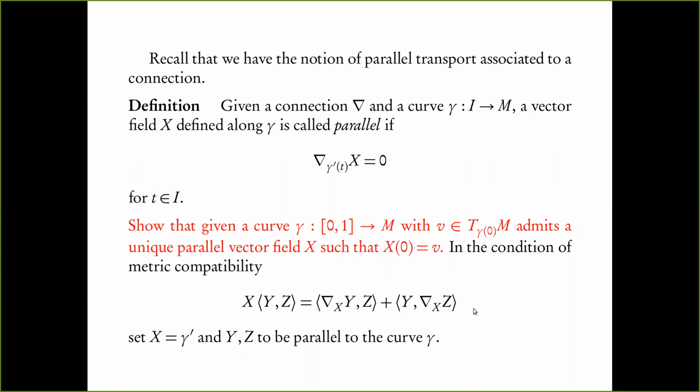That says that if you are parallel transporting a vector along a geodesic of the connection, then the inner product of the parallel transported vector with the velocity is preserved along the curve. So if you didn't like parallel transport, but you like metric compatibility, this is what a parallel transport should do along geodesics of the connection.